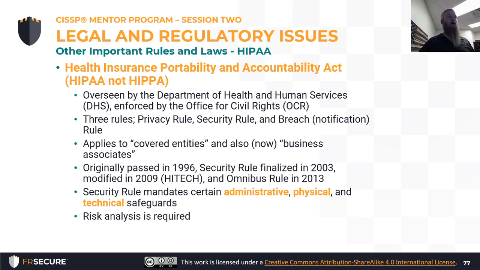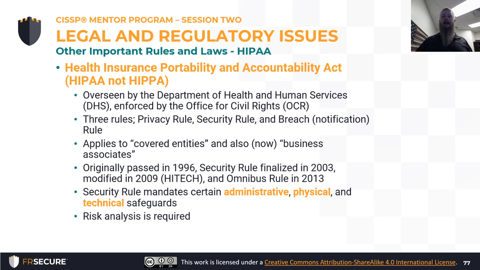No real audit, no audit protocol, no proactive approach to HIPAA. There are three rules: privacy, security, and breach notification rule. It applies to covered entities and their business associates. Originally passed in 1996, with changes in 2003, 2009, and 2013. The security rule specifically mandates certain administrative, physical, and technical safeguards.